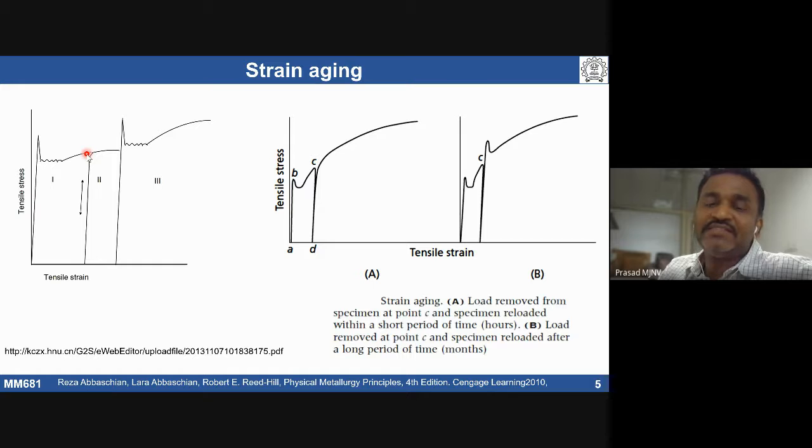Okay, understood, sir. So now when you deform the material again, you have to unlock those dislocations from the solute atoms. You need to give more and more stress. That upper yield stress is basically related to unlocking the solute atoms from the dislocations.